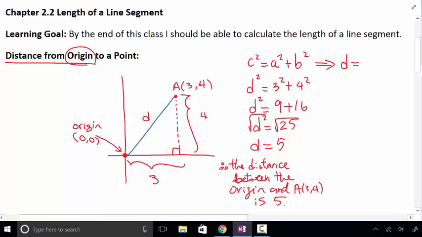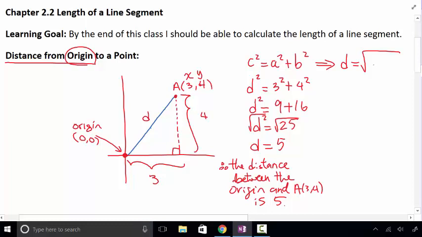So if you want to find the distance, the formula that we're going to use is just simply the square root of... Now, what did I replace that A with? It was the x coordinate. Okay? And then what was the B? The y coordinate. It was the x value and the y value.